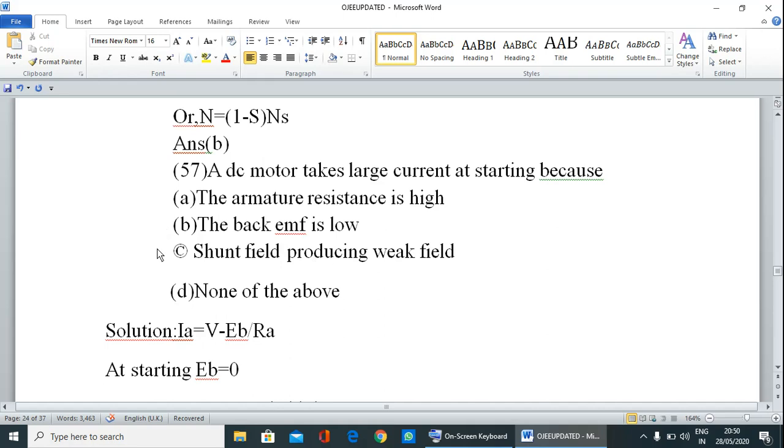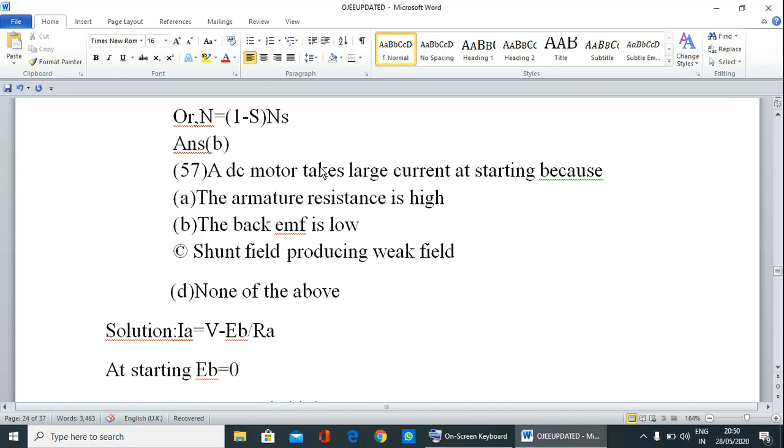So already we know that the armature current Ia is equal to (V minus Eb) by Ra.